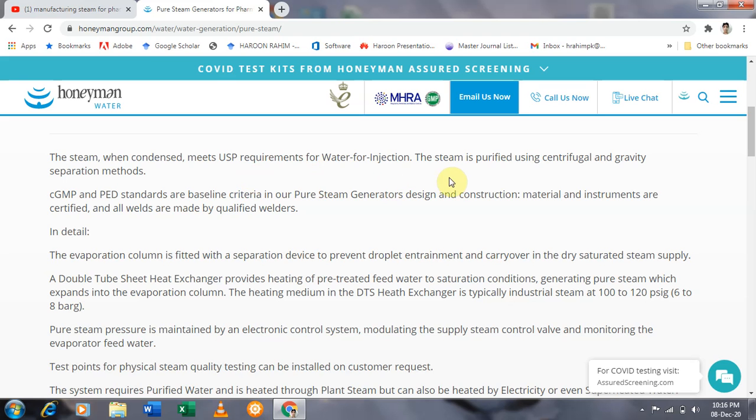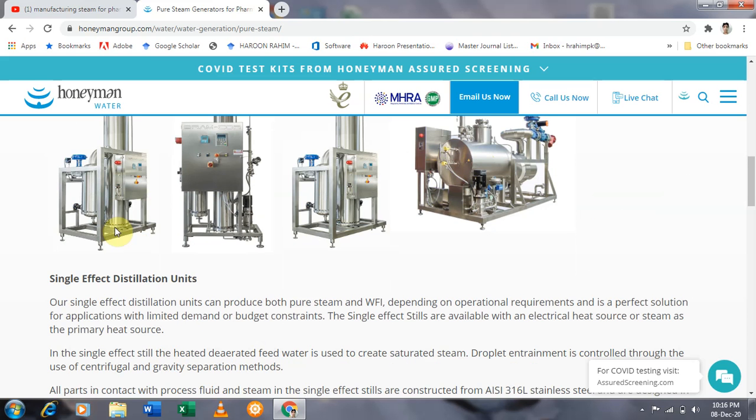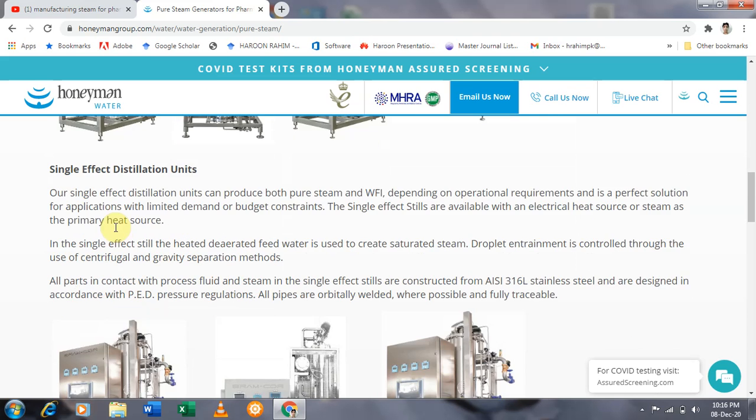The steam is purified using centrifugal and gravity separation methods, and that is one piece of the equipment. You can see on the screen the different equipment of the steam generation.